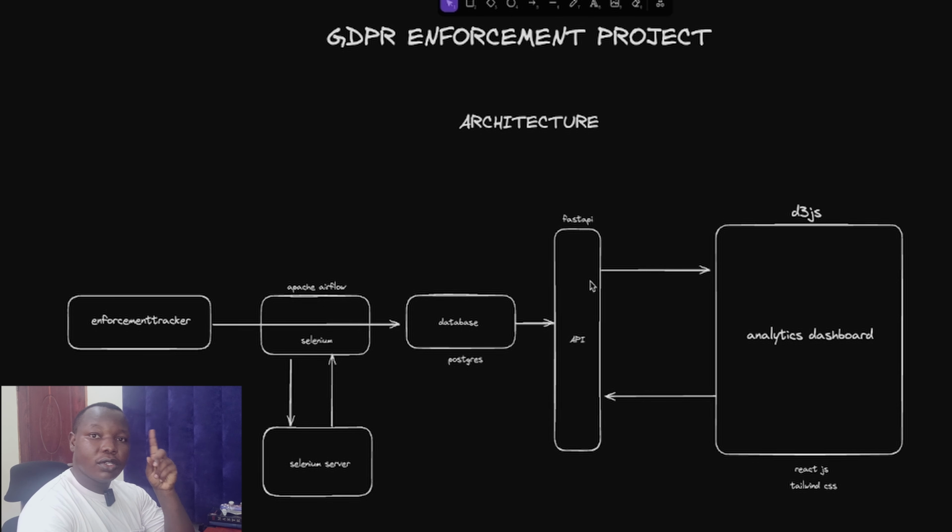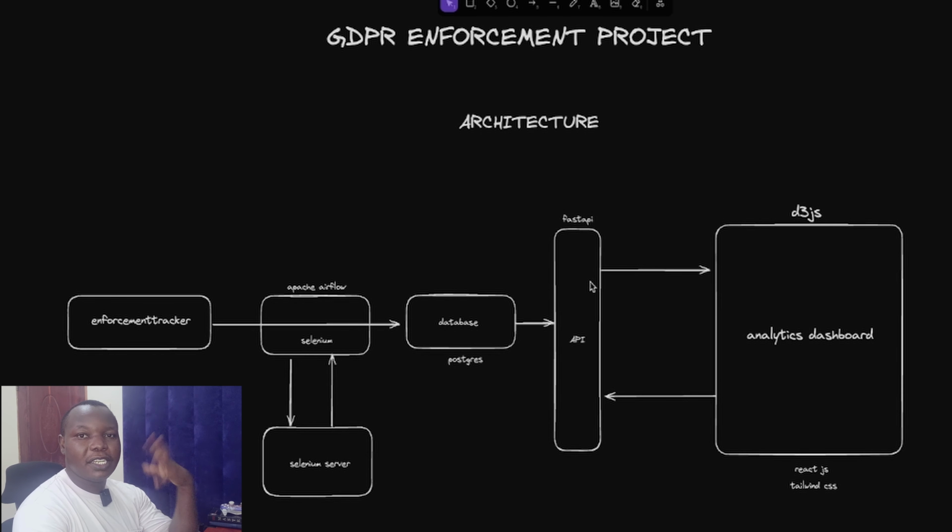The first choice was FastAPI, because it is fast and easy to use, and also fast to learn. The second one was Django REST framework, and the third one was Flask. So I decided to go with FastAPI.